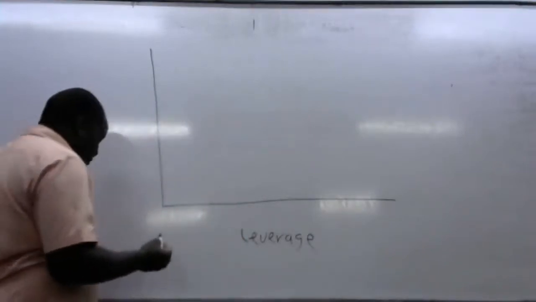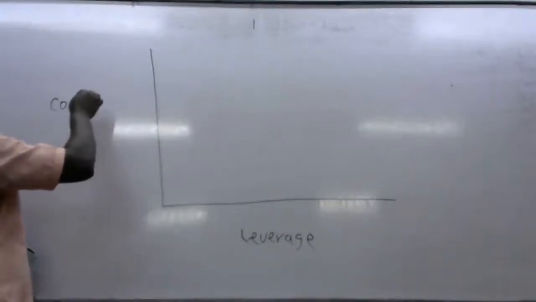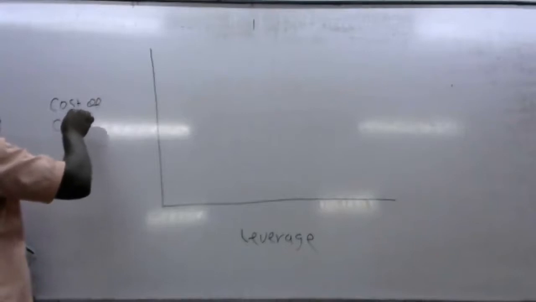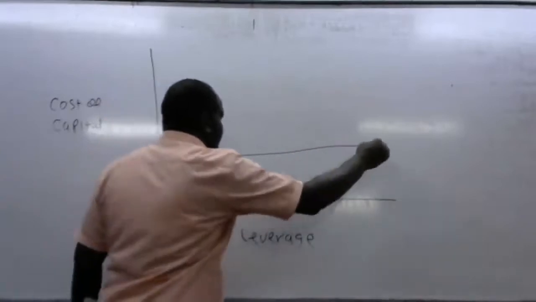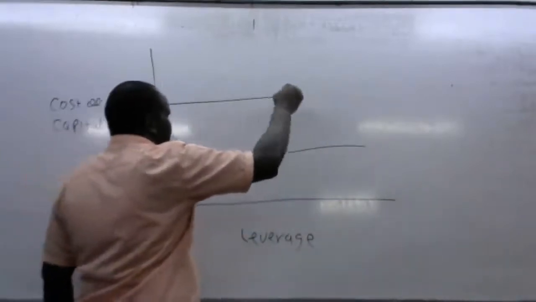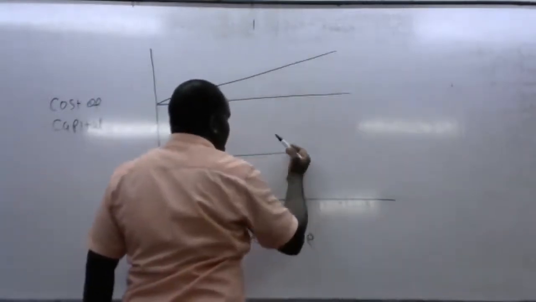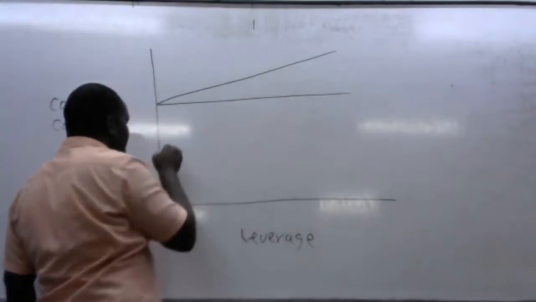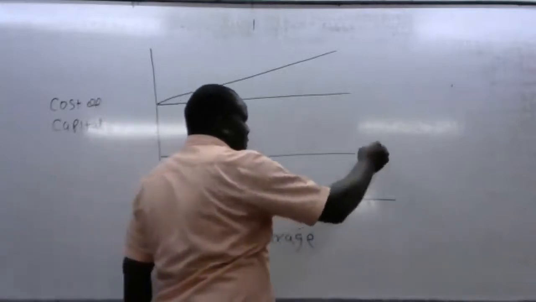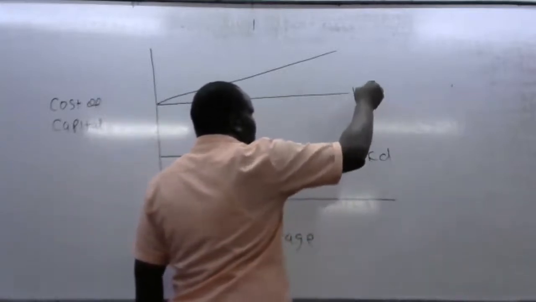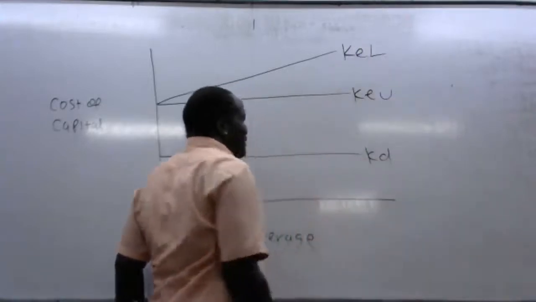Then this other side will be cost of capital. So this will be KD, this will be KEU, that will be KEL.